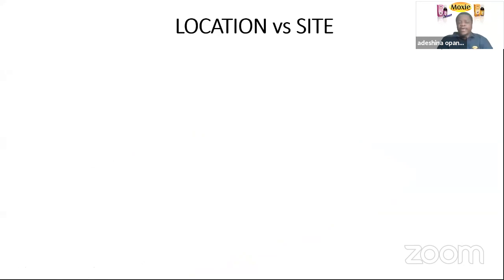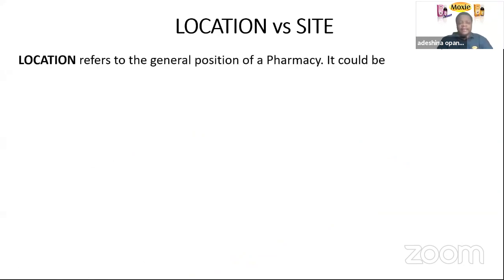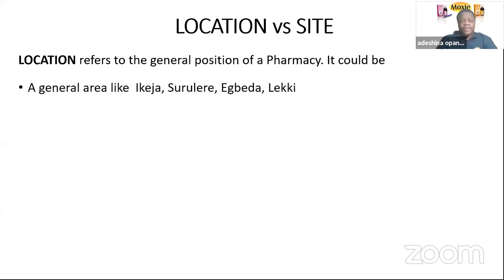So what's the difference between a location and a site? We say here that location refers to the general position of a pharmacy. And I'll still go further down to do some further explanation. It can be a general area like Ikeja, Abakaliki, Kubwa, Calabar, Lekki.